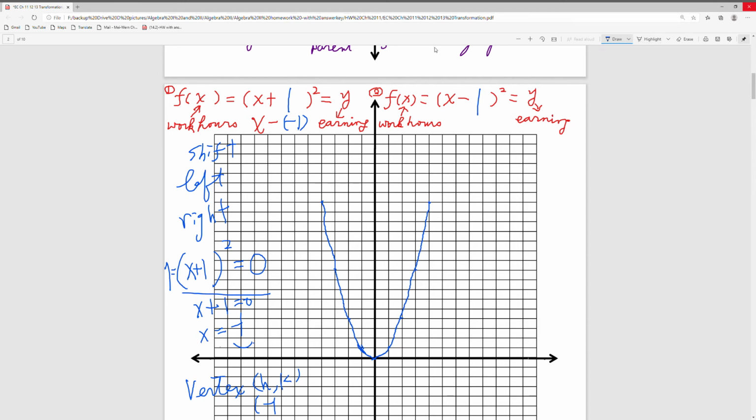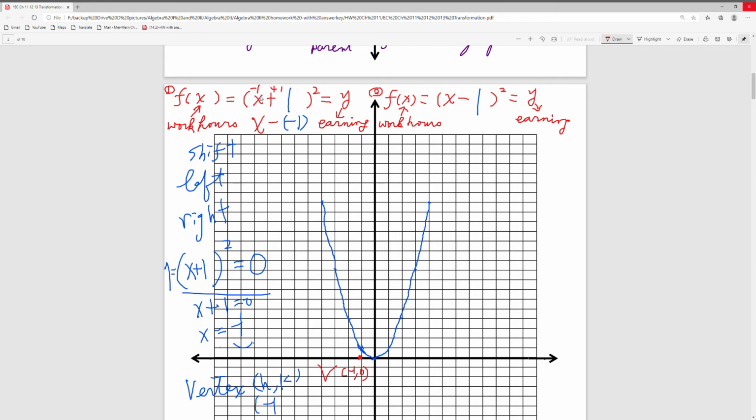So here we have x equals -1. And when x equals -1, what happens to the y value? We plug in -1. x plus 1 is 0, so y is 0. So -1, 0 is the new vertex for our function.